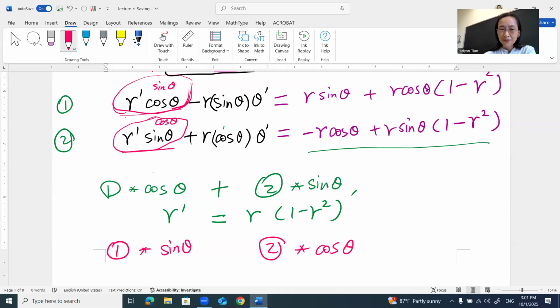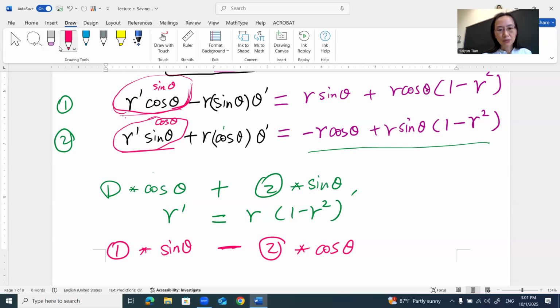So we will have the same, identical terms, two terms involving r prime. But then when we do a subtraction of the resulting equations, we can get rid of r prime. Okay, so that's what we will do.